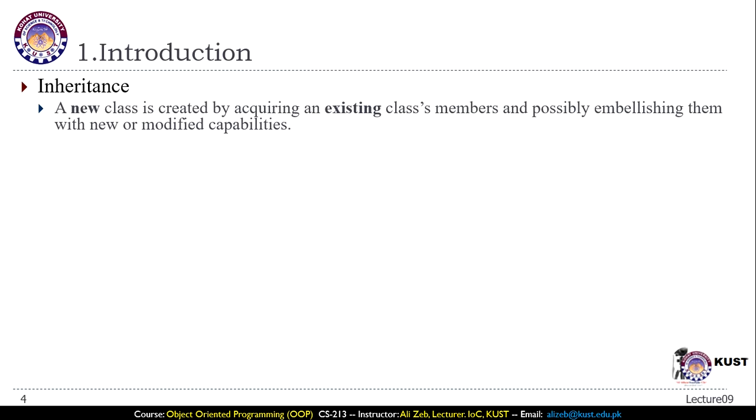Now, when we use inheritance, we can add to the existing class's capabilities, whatever it can do now. We can add something additional to the existing class, and we understand that the class's members include data members, which we depict through the instance variables of a class, and then there are methods within the class.